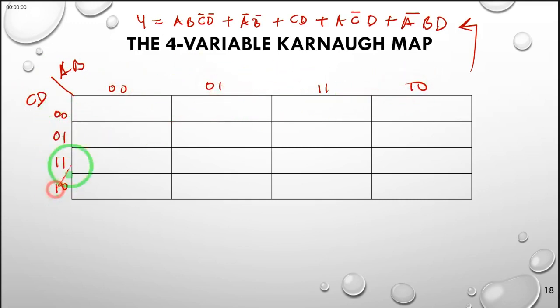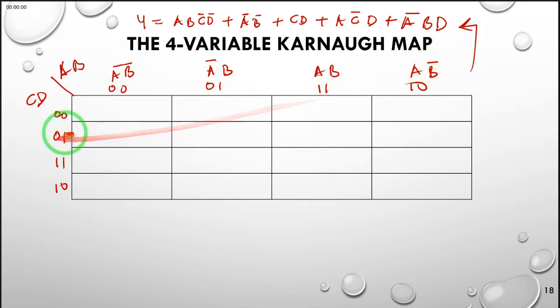Similarly here, and we know these values are equivalent to A bar B bar, A bar B, A B without any bar, and A B bar. Whenever you have a 0, it is equivalent to a bar. Similarly, C bar D bar, C bar D, C D, and C D bar.